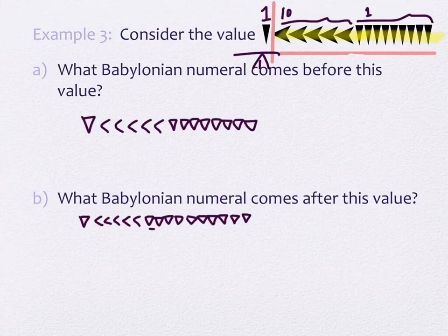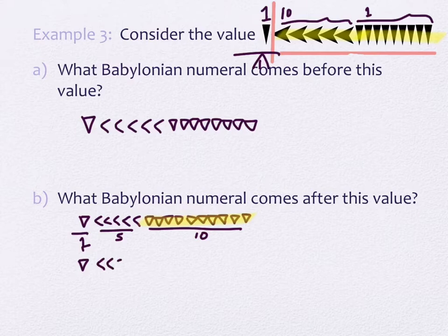But there's 10 of them right here, right? And there's 5 of them right here. I'm just counting, and there's 1 of them right here. Well, 10 of these is worth 1 of the other symbols. So I can change this into one of these, like this. So now there's 6 of them here, and there's 1 of these here.